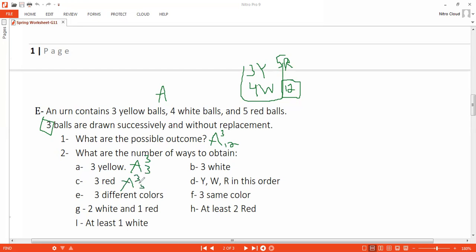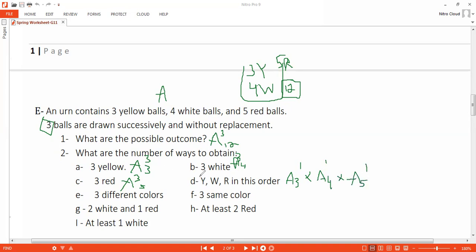Now I'm going to solve part D. 3 white means A 3 4. Yellow, white, red in this order. So they gave me the order. So it's A 1 3 times A 1 4 times A 1 5.